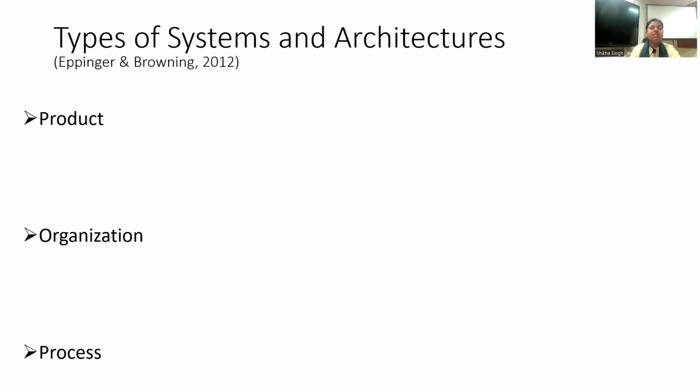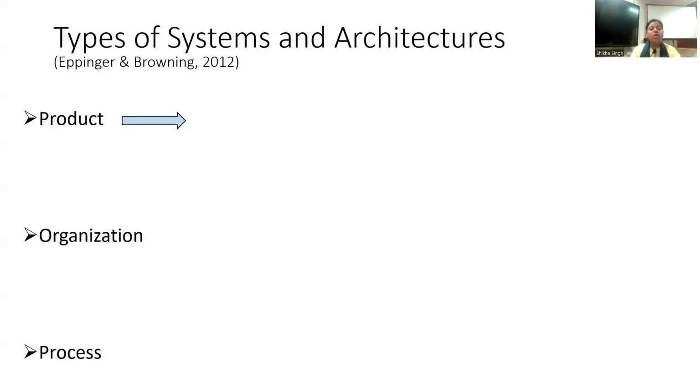So to address these systems, it becomes very important for us to identify the structure, the interrelationship of all the system components, right? When we are talking about architecture, it means what is there in the inside structure of a system.